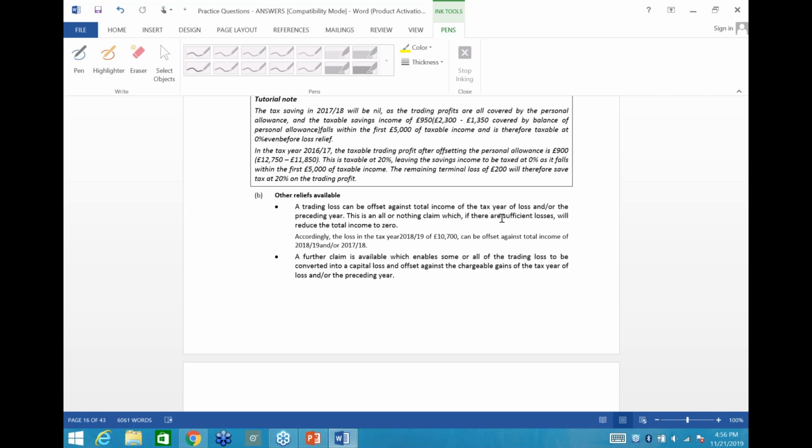If there are sufficient losses, it will reduce the total income to 0. Accordingly, the loss in the tax year 18-19, 10,700, can be offset against total income of 18-19 and 17-18. A further claim is available which enables the sum of all the trading loss to be converted into capital loss. Okay, I'll explain it like this.